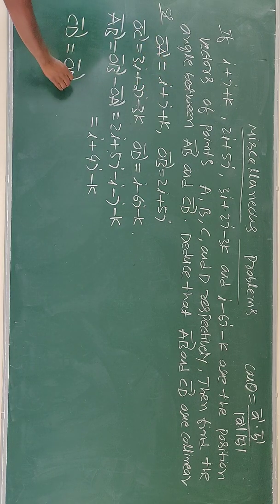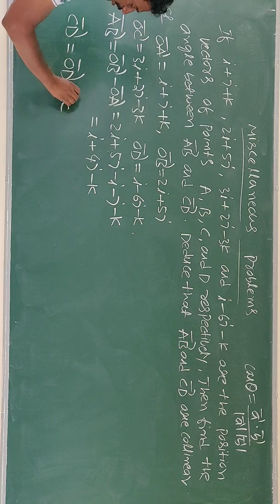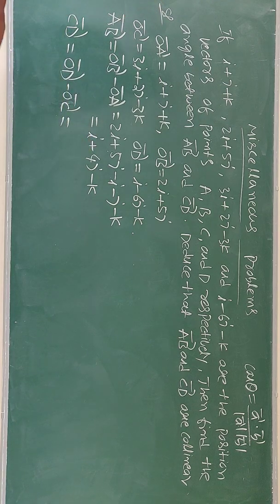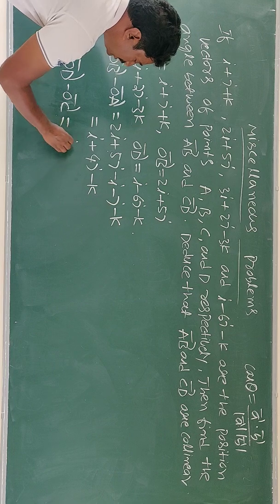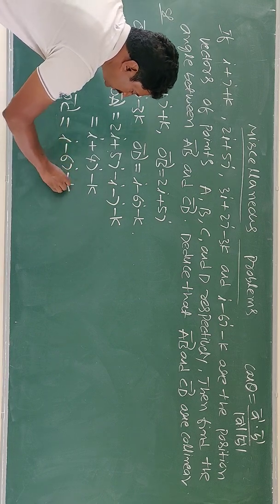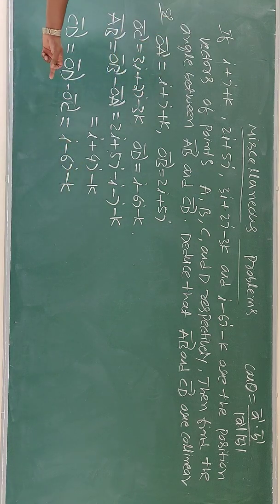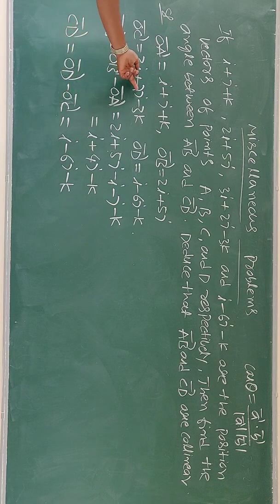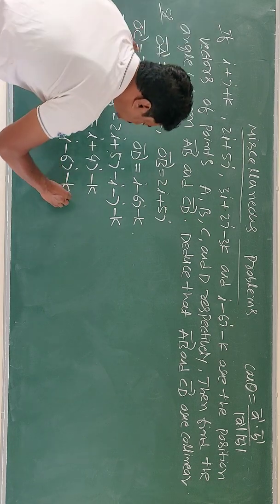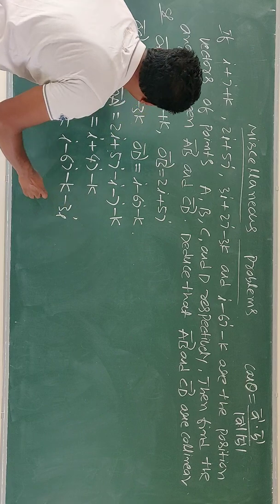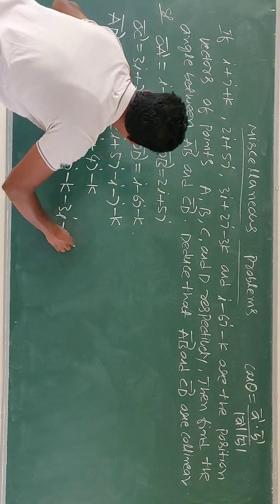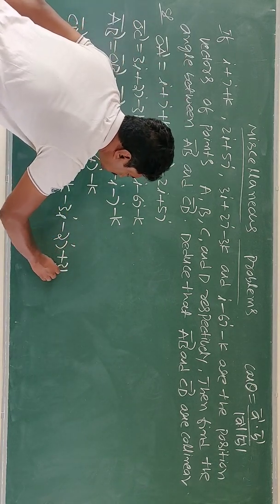CD is OD minus OC. OD is i minus 6j minus k. Multiply OC by minus: minus 3i minus 2j plus 3k.